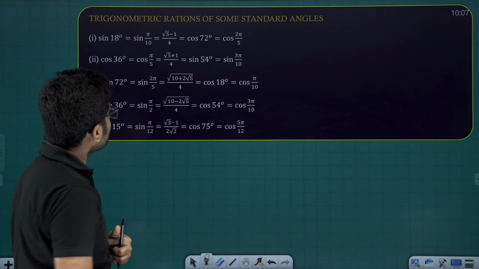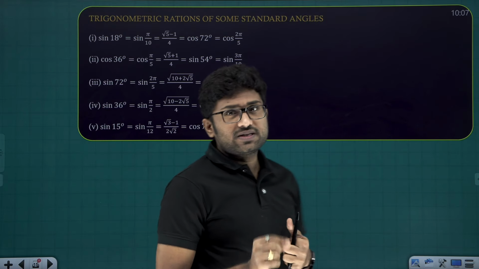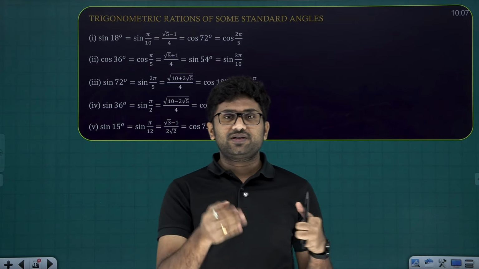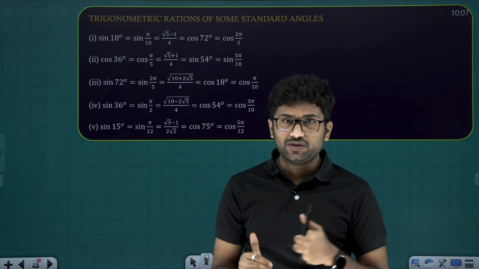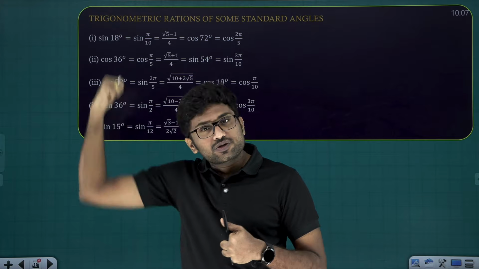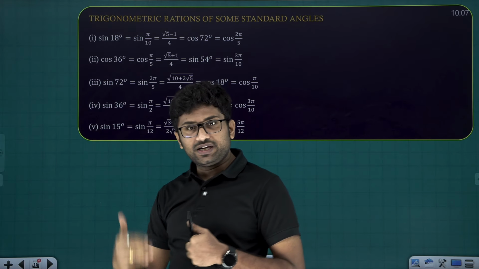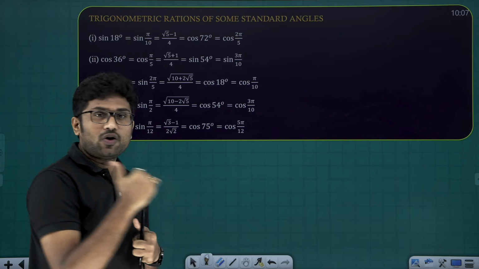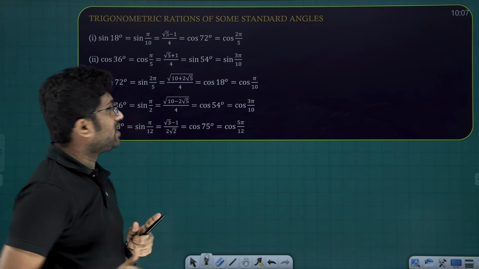Next, most important things, friends. We already know standard angles like 0, 30, 45, 60, 90 and all the allied angles of them. Apart from that, in those standard angles, we are also supposed to include these: 18, 72, 36, 54, 22.5, 7.5, starting with sin 18 degree.